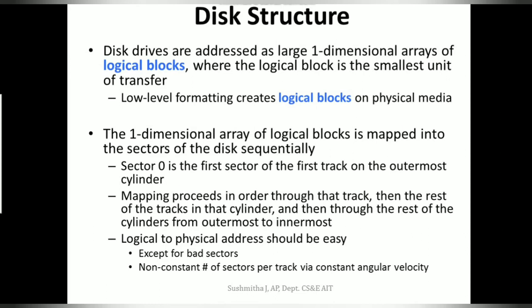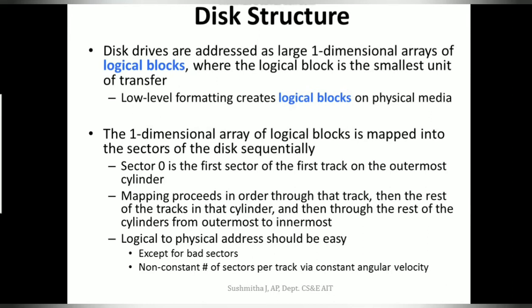The next concept that we have is disk structure. Hard disk drives are addressed as a large one-dimensional array of logical blocks. As I told you, the logical address that we look at has blocks.